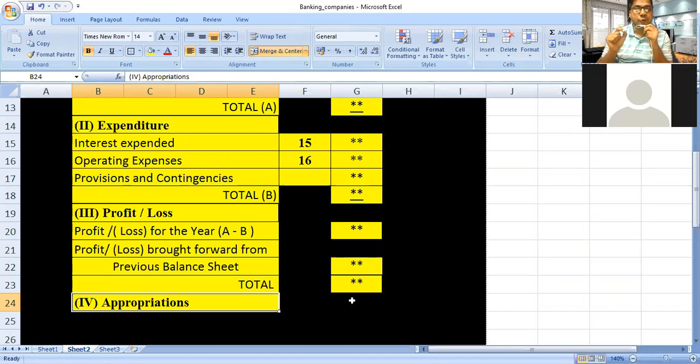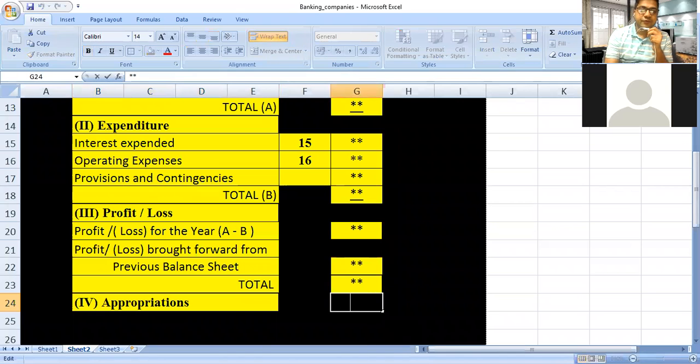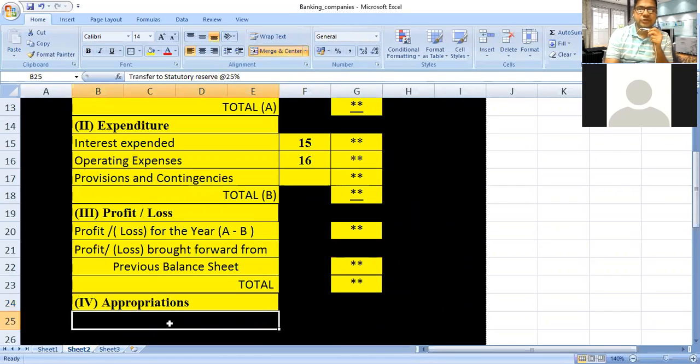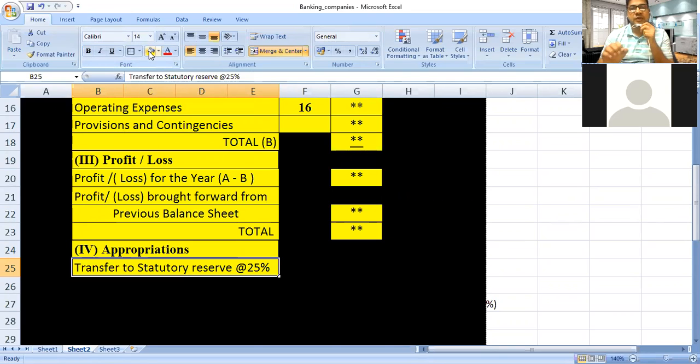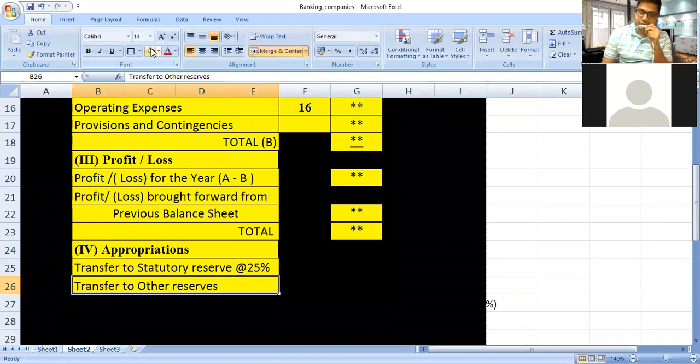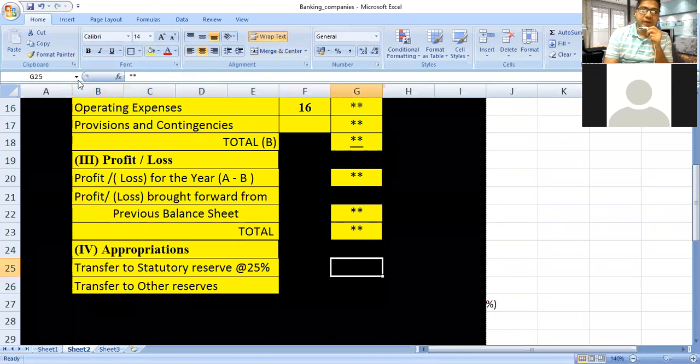Appropriation includes, as the first and very important item, the transfer to statutory reserves: 25% of profit is transferred to statutory reserve.